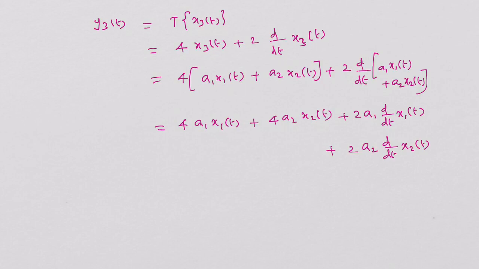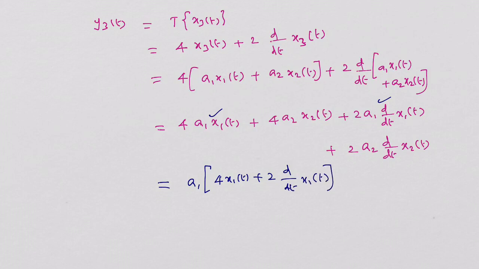If I group only the a1 terms alone, I am trying to extract those terms. So a1 times 4 x1 of t plus 2 d by dt of x1 of t, plus a2 taken as a common factor, 4 times x2 of t plus 2 into d by dt of x2 of t.